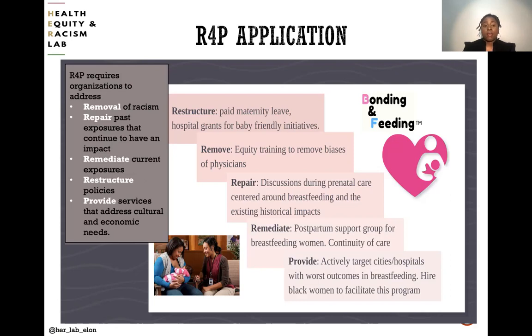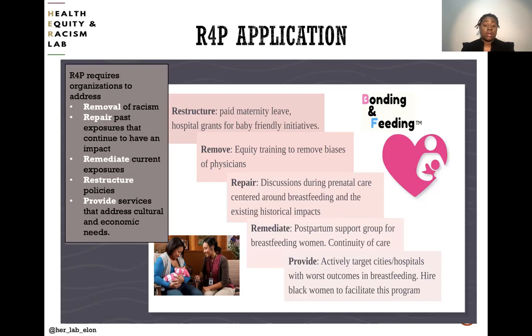So really factoring in all the different existing components that impede on health, and making sure to provide those services specifically to populations that are accessing hospitals that have the worst outcomes in breastfeeding.